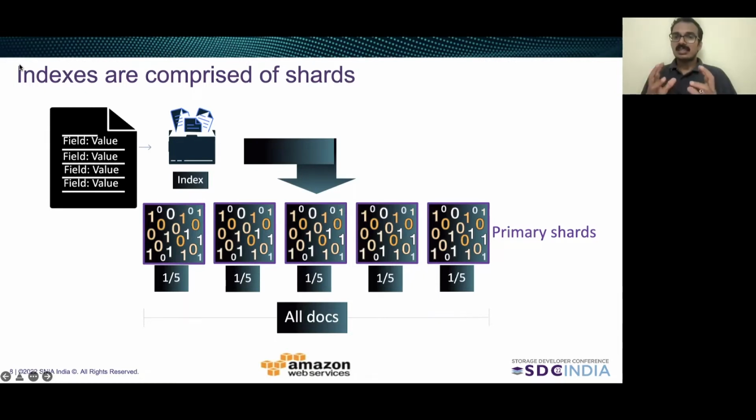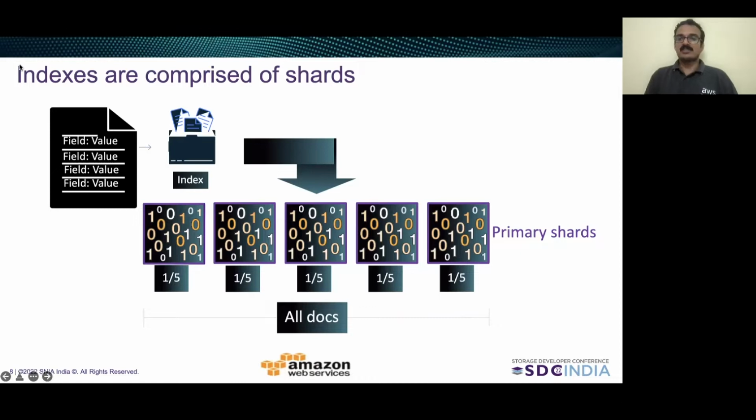Each index is partitioned into what we call shards, and that's the single unit of scaling in OpenSearch. OpenSearch is a distributed system with multiple hosts hosting these shards. These shards are partitioned so that they can be hosted on multiple hosts, multiple machines, and it can scale to a really large number of shards.